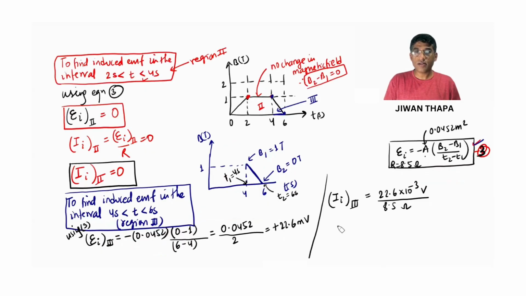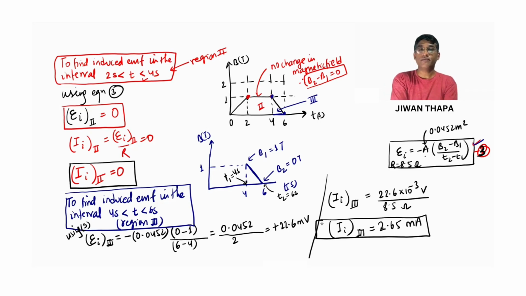I'm writing directly, so this is 2.65 milliampere. So we have calculated induced EMF and induced current for region 1, region 2, and region 3, that is for this interval of time, for this interval of time, and for this interval of time.